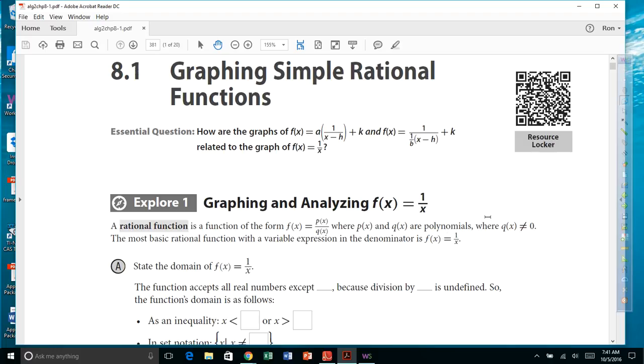8.1 Graphing simple rational functions. How are the graphs of f of x equals a times 1 over x minus h plus k and f of x equals 1 over b times x minus h plus k related to the graph of f of x equals 1 over x?